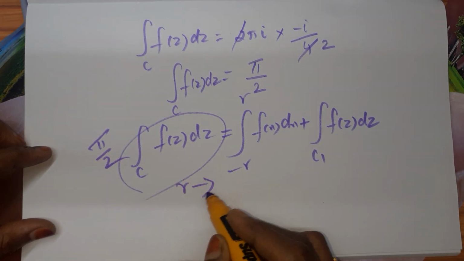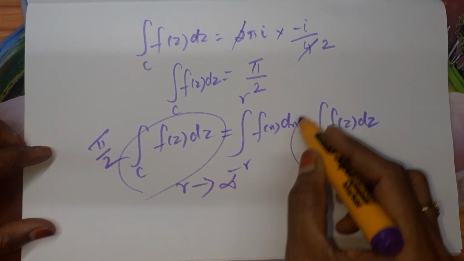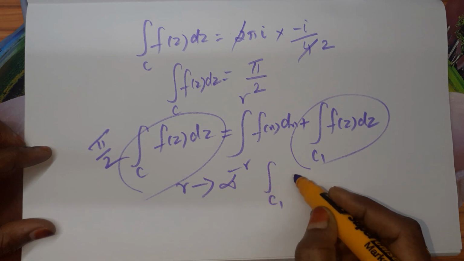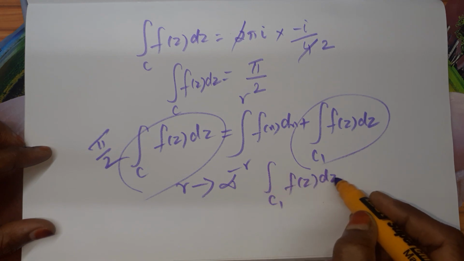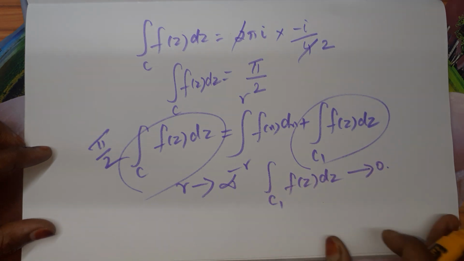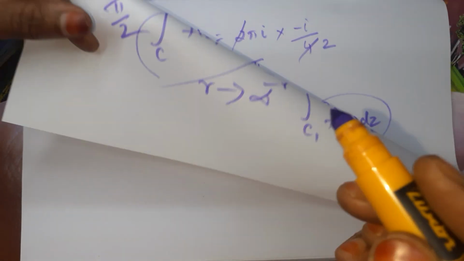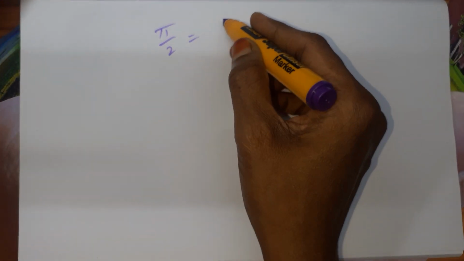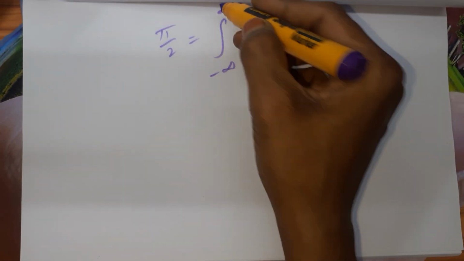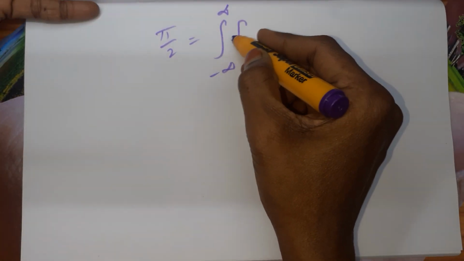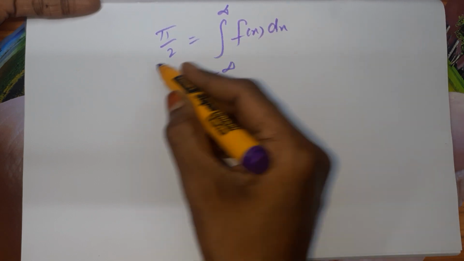Now r tends to infinity means this integral over c1 f of z dz will tend to 0. So what is the equation we have? Pi by 2 is equal to, as r tends to infinity, this integral minus infinity to plus infinity f of x dx.